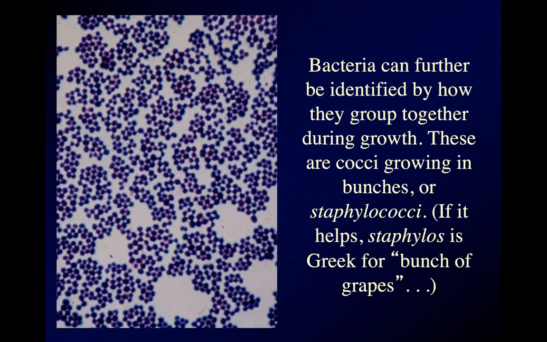I'll never ask, what's the Greek for bunch of grapes? But some people do find that knowing the meanings of the words helps them learn the vocabulary. So if that's true for you, then this is what it means and you can know it. If it's not true for you, don't worry about trying to memorize staphylos. But these are staphylococci growing in bunches.